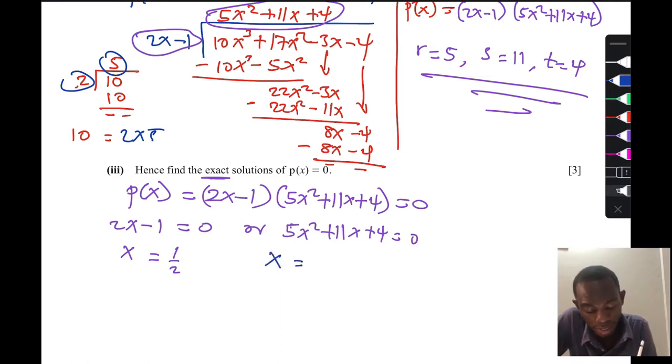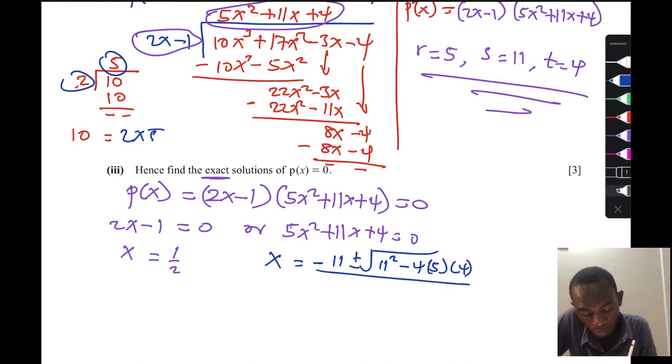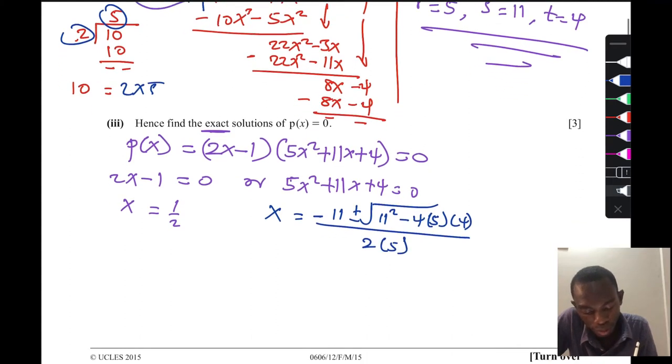The quadratic formula states negative b, which is 11, plus or minus the square root of b squared, as 11 squared, minus 4 times a, which is 5, times c, which is 4, all over 2a, which is 10. So we are going to have negative 11 plus or minus the square root of 11 squared minus 4 times 5 times 4, and that is 41, all over 10.